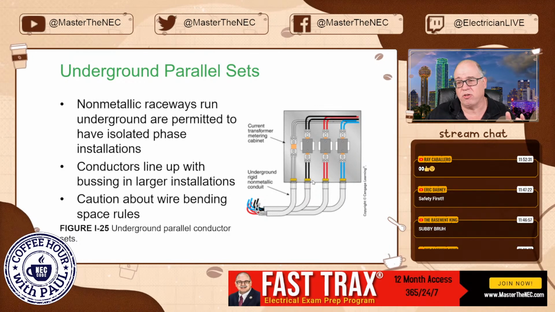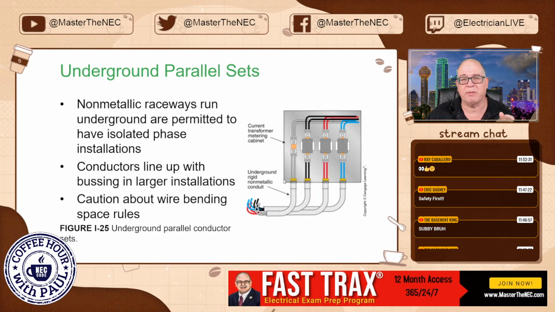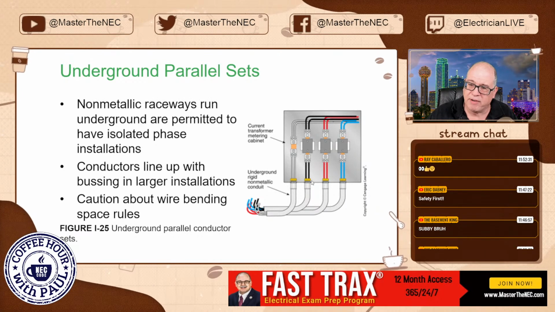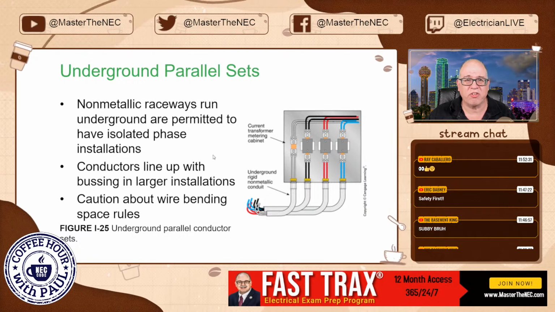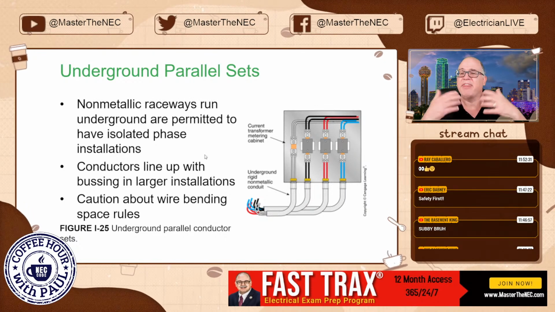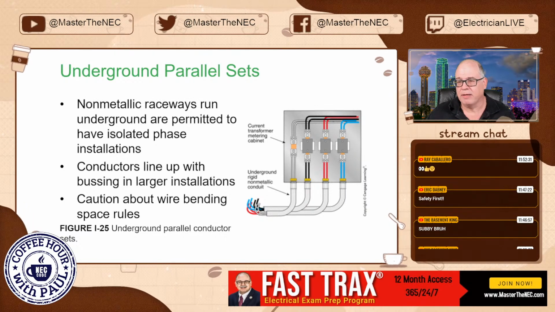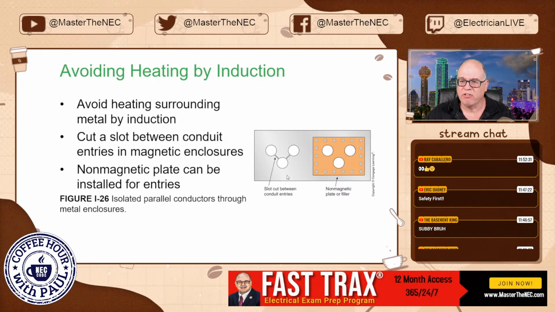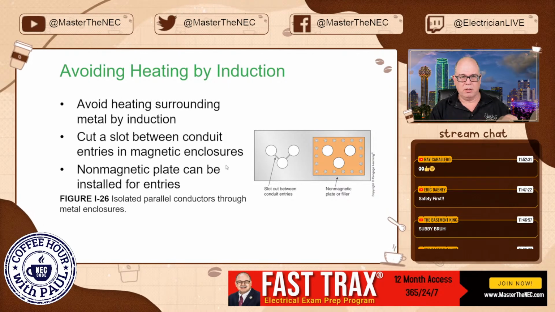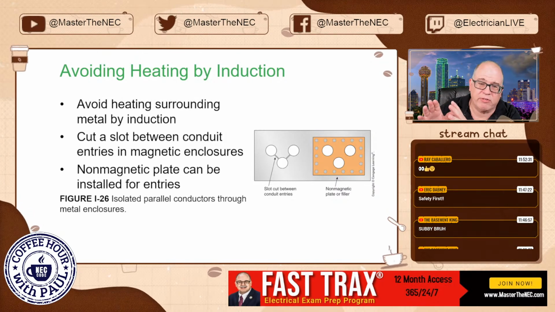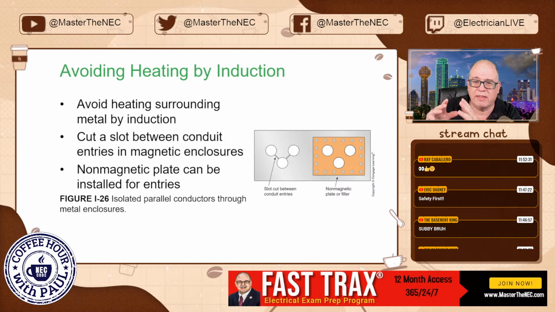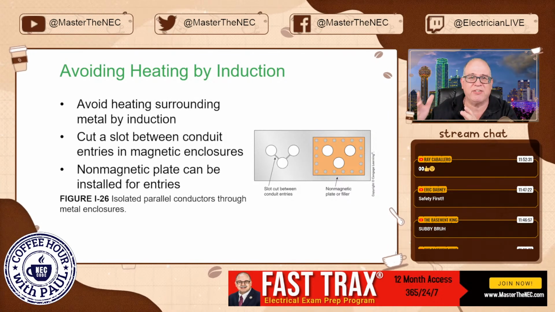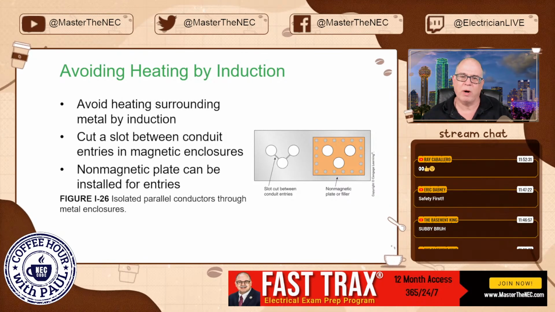So one of the ways to do that would be cut little slots between these knockouts, or you could put an actual buffer plate of aluminum or some other like brass, and that will break that magnetic chain, okay? But again, that's all in the code, and this is what we're talking about right here. So we don't want to melt down, and this would happen even with metal raceways, okay? Where you're dealing with ferrous metal raceways and they enter a metal box. You've got these conditions, but just be aware of that.